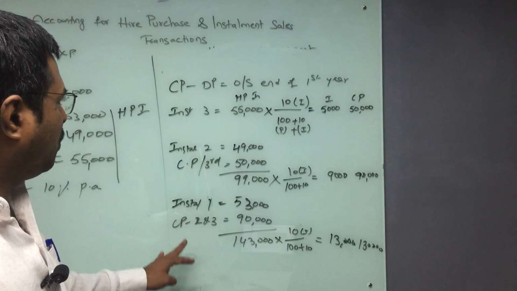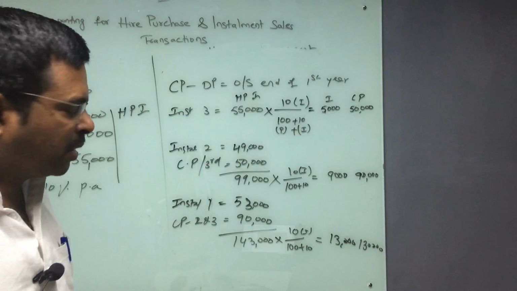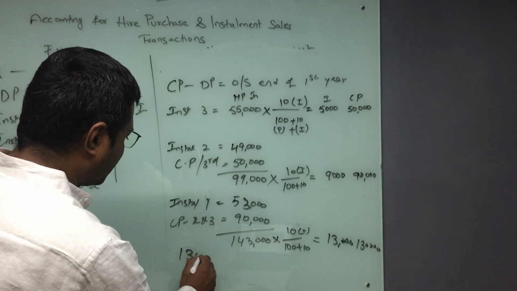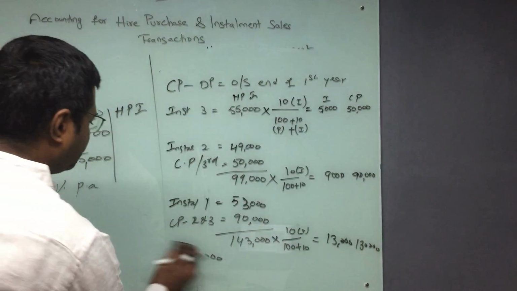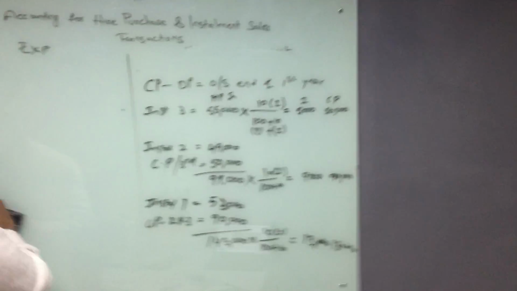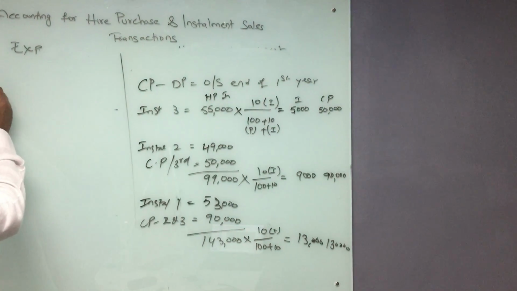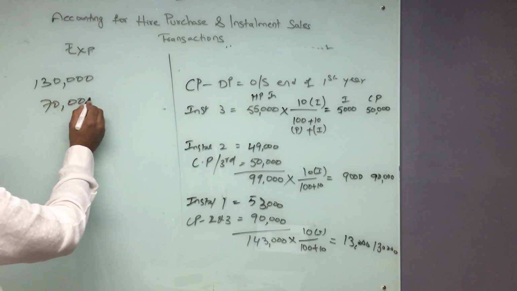And now what is the actual cash price? Apart from 1,30,000, I paid a down payment of 70,000.